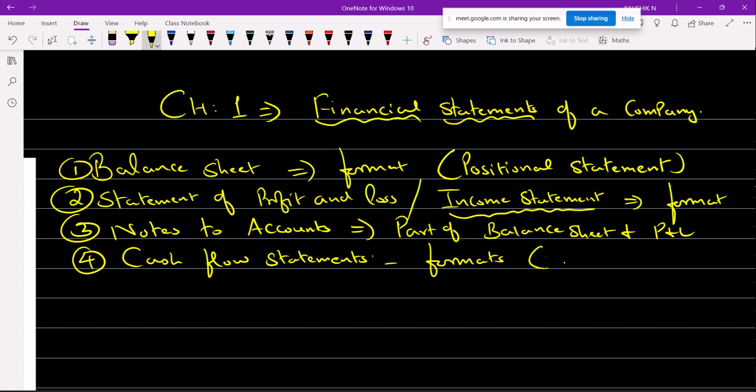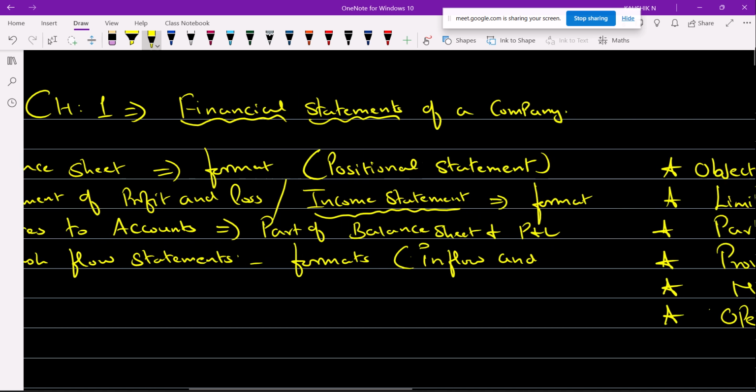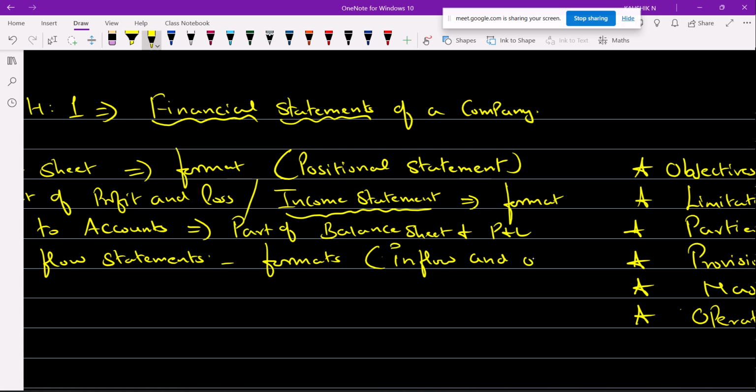This statement provides you the information about the inflow and outflow of cash and cash equivalents. So this is what we are going to learn from this chapter.